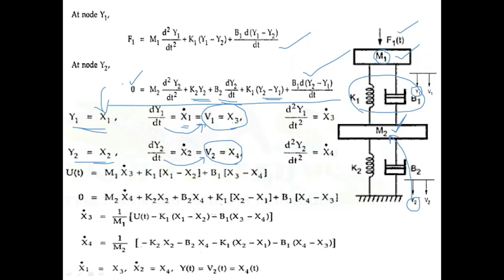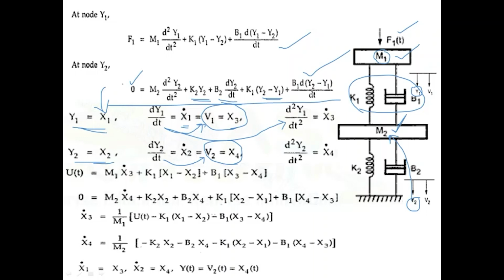Now, if I differentiate x3, I will get x3 dot. Therefore, I can write x3 dot is equal to d square y1 divided by dt square. You can write dv1 divided by dt, or I can directly write, if I differentiate 2 times, I will get x3 dot.